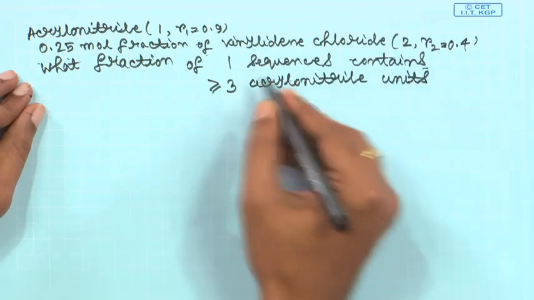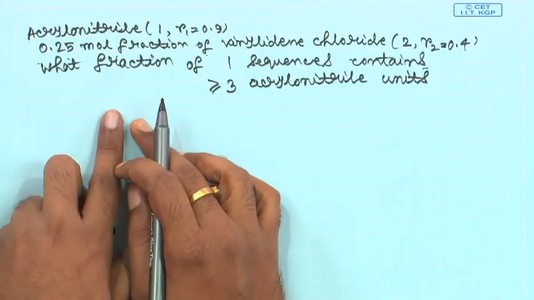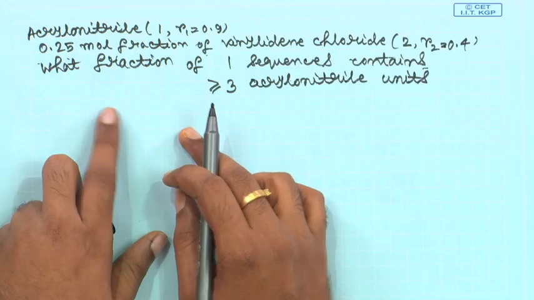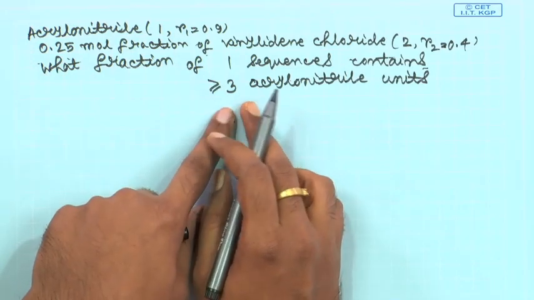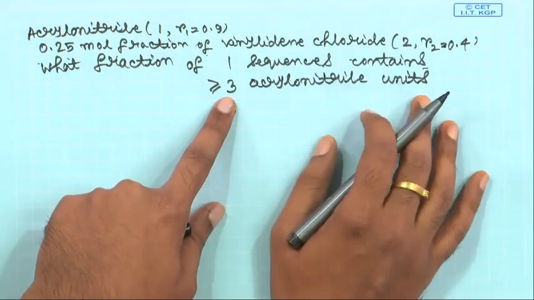That means you have to find out what fraction contains 1 unit, what fraction contains 2 units, and then you have to subtract that from the total.